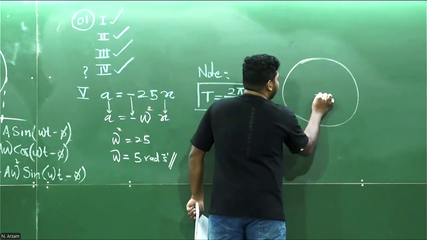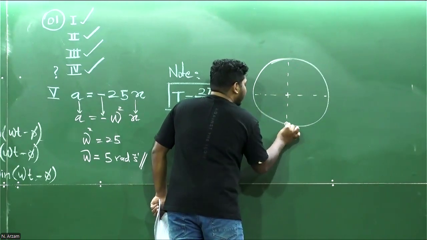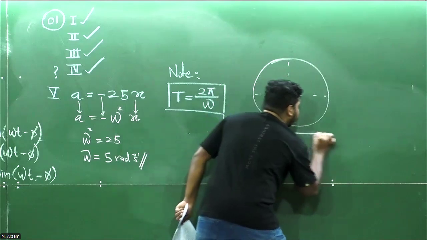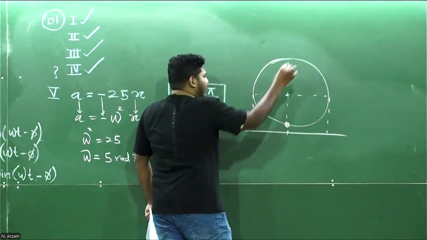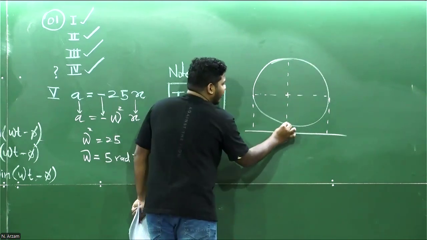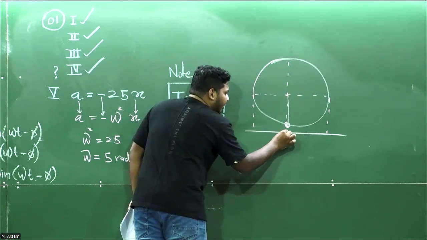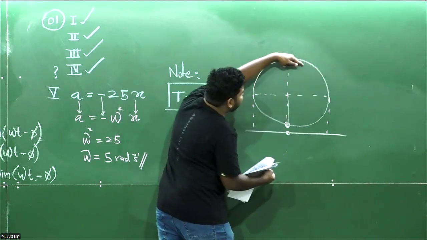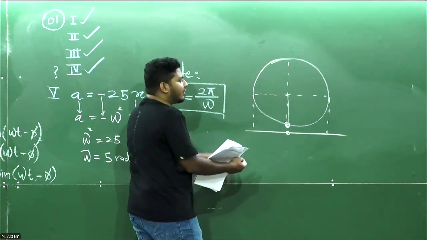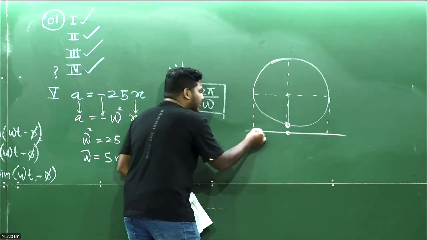This is the circle. If we want to complete a full rotation, the projection of the particle is here, and the projection is also here. When the particle completes a full rotation, the projection will move like this.